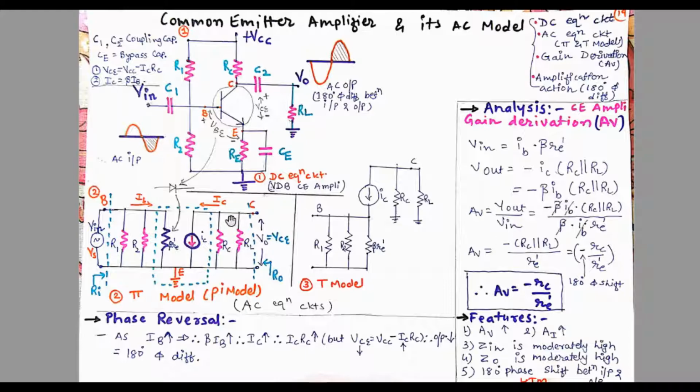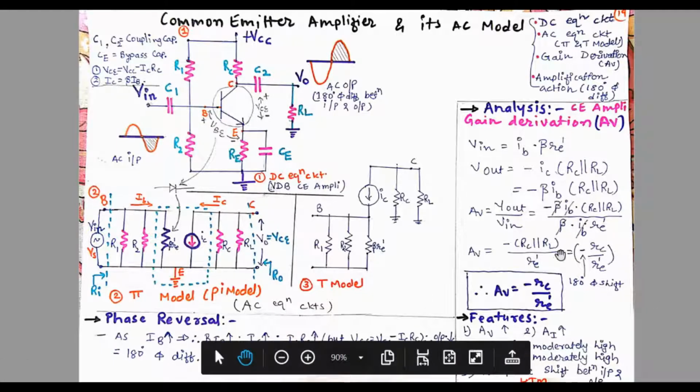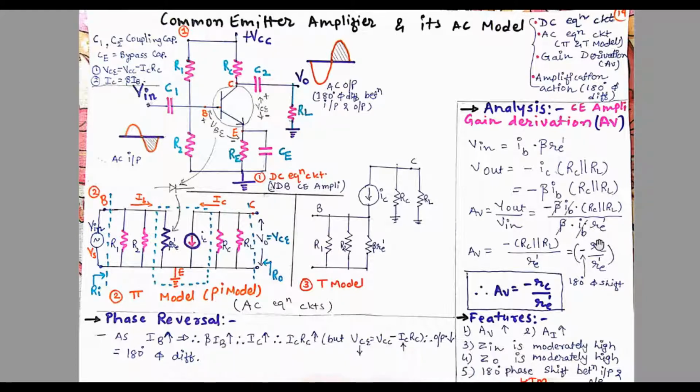Let's assume RC parallel RL is the AC resistance RC, which is denoted by small rc. Actually, the terminologies from the AC model, the pi model, are written in small letters. When we are writing the resistances and components from the DC equivalent circuit, they should be capital letters. Whenever we are talking about the AC model and pi model, we should write them in small letters.